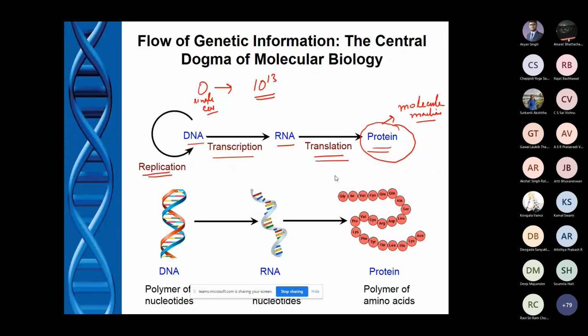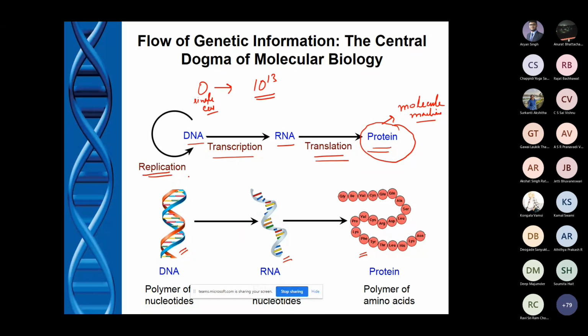That is translation. Here also the same thing is happening. DNA is a polymer of nucleotides. RNA is a polymer of nucleotides. Suddenly the language is completely changed. No chemical identity here. Protein is a polymer of amino acids. Completely changed language. So that's why this step is called translation.